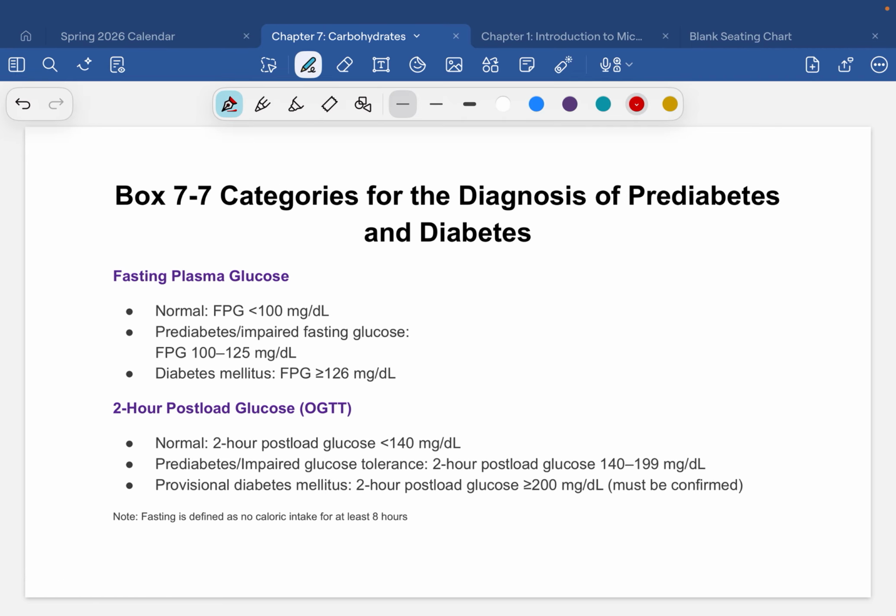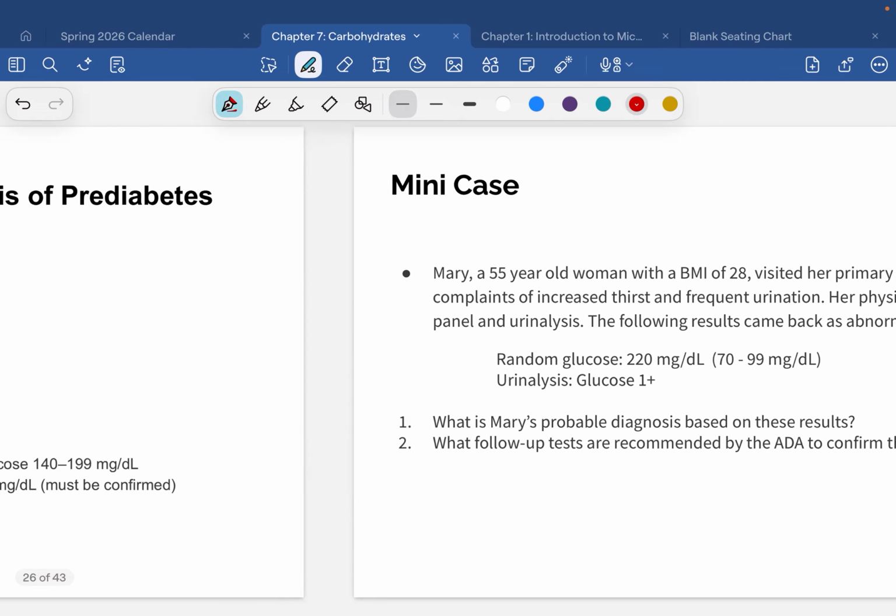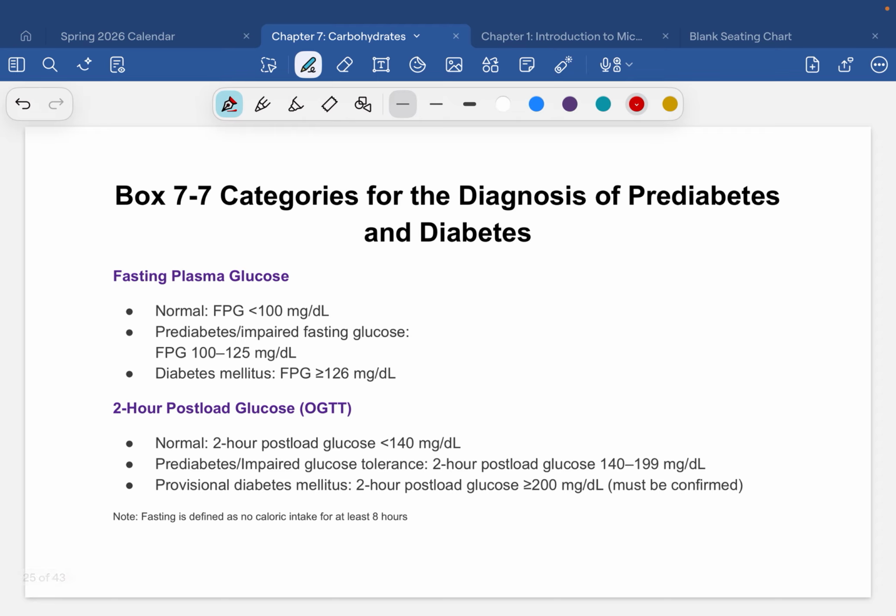So these are the numbers that you are going to have to remember for the diagnosis of prediabetes and diabetes. So if we're talking about fasting plasma glucose, remember fasting means no caloric intake.